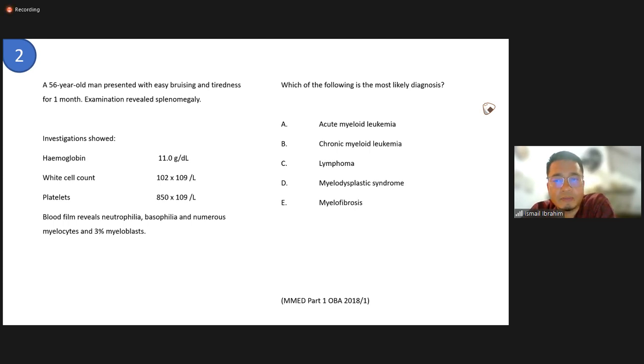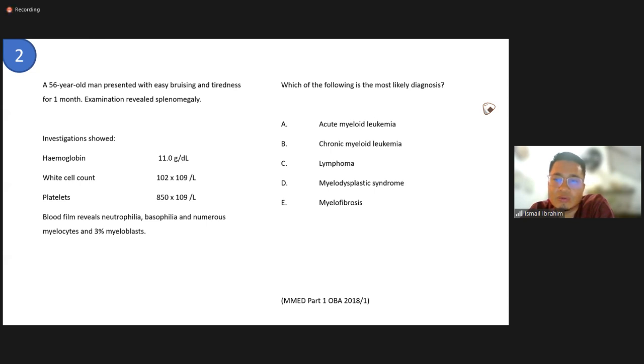First, normally with CML, they tend to have panmyelosis, rather than one single cell line proliferating, the whole myeloid series will be raised. For example, the neutrophil will be raised, the basophil will be raised, and all the precursors of neutrophil will also be raised.